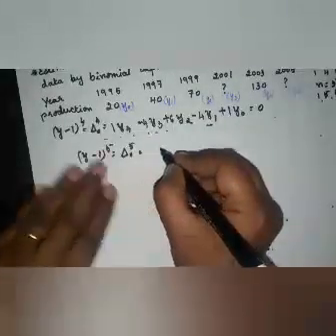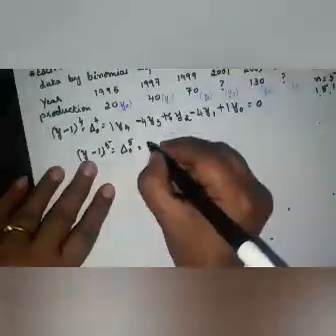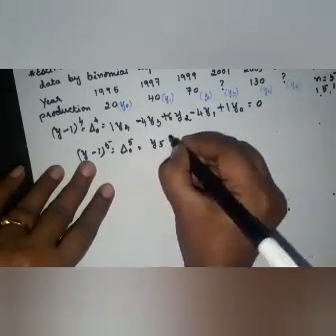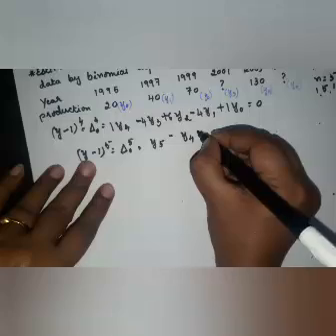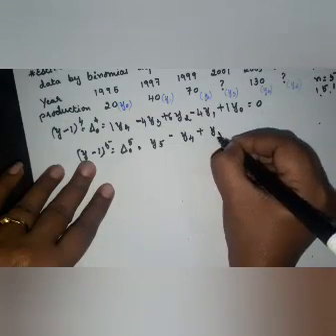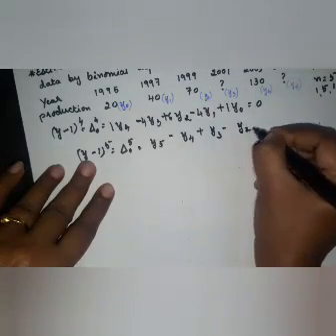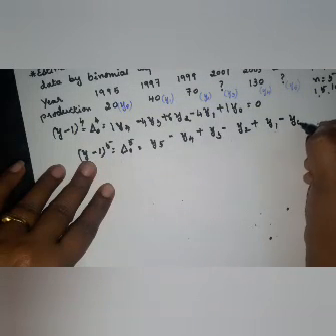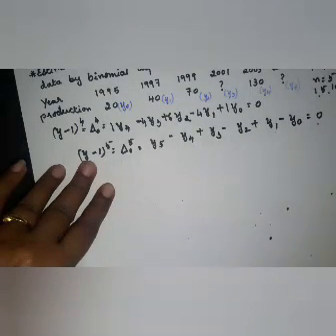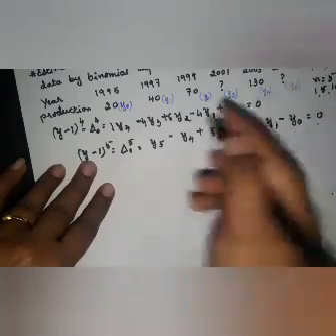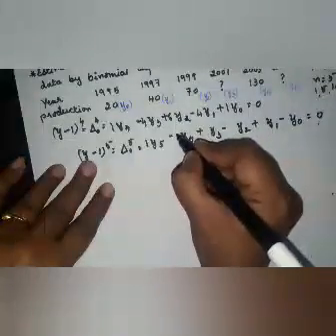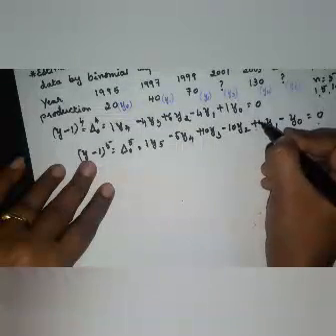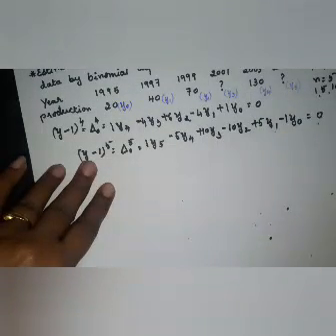Frame the equation: y5 minus y4 plus y3 minus y2 plus y1 minus y0 is equal to 0, with the coefficients 1, 5, 10, 10, 5 and 1.